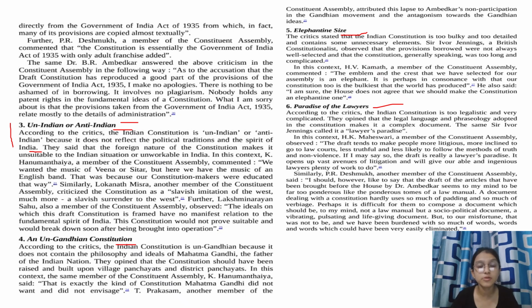Because the members of the Constituent Assembly and the drafting committee were highly educated people, from a political background or a law background, as Gandhiji was himself a barrister, and most of them were advocates, legal advisors, philosophers.